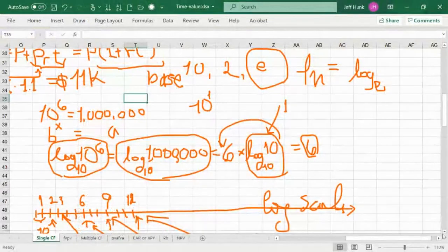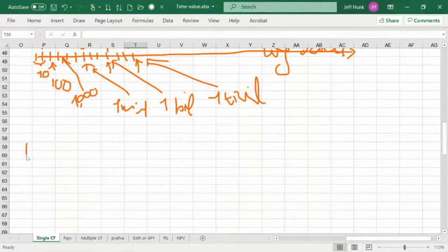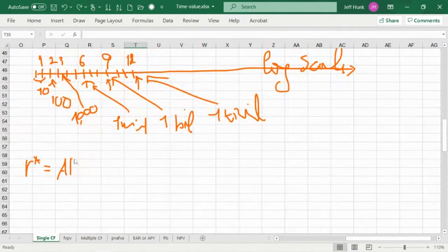But eventually, forget about T either, because we've done that, because of APY, the effective interest rate. Remember, the effective interest rate, or APY. What's the formula for that?